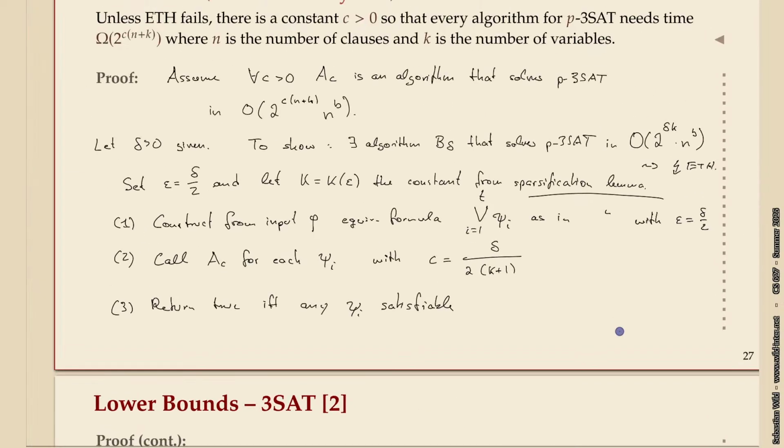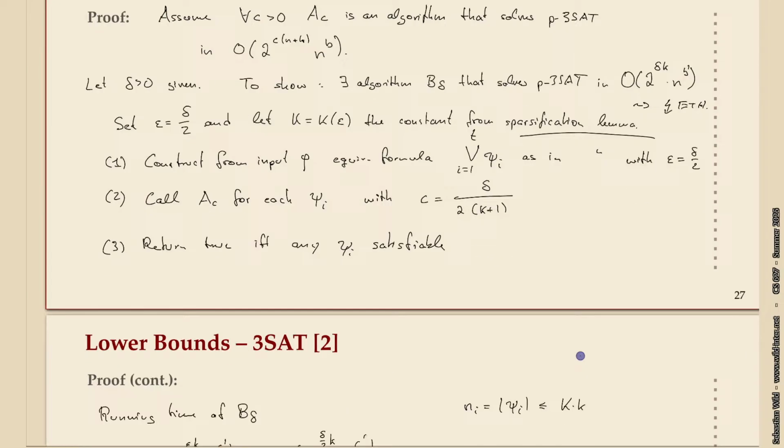But this is indeed this kind of time. I guess I should not have the same b here, so let's say b prime. The point is it needs to be some polynomial.